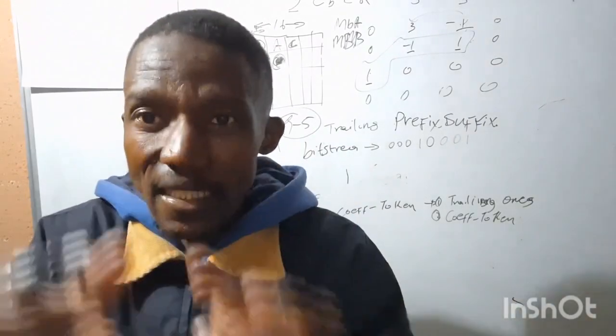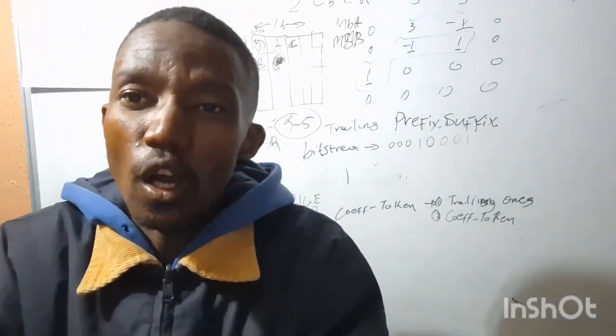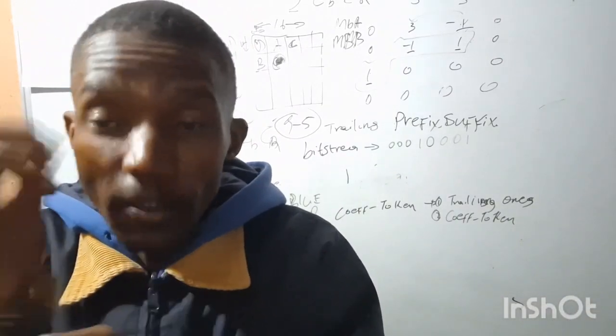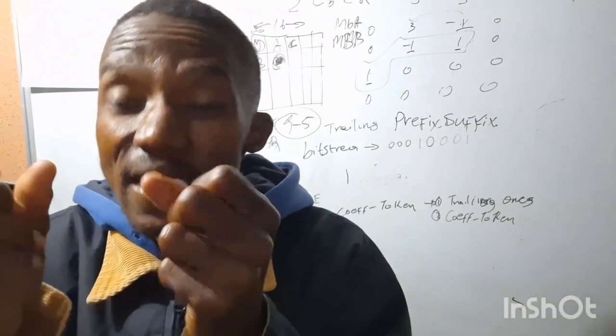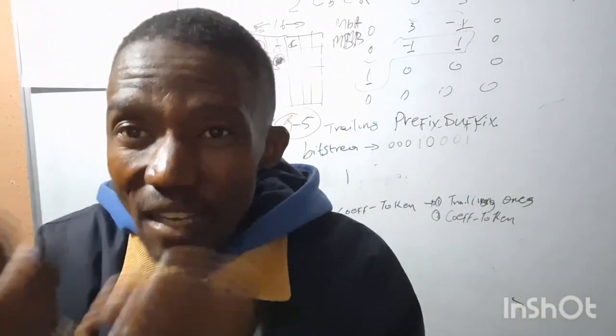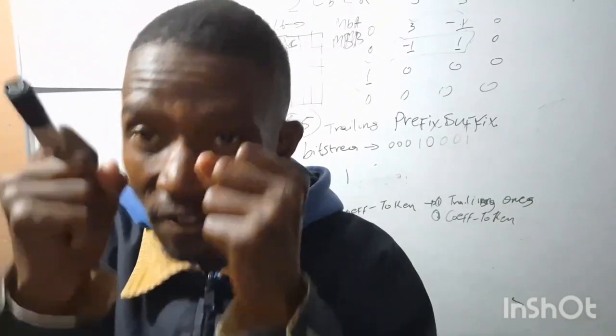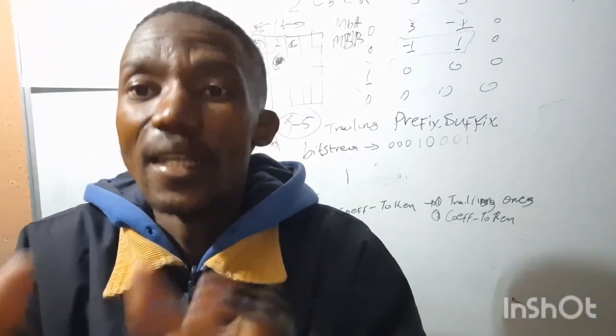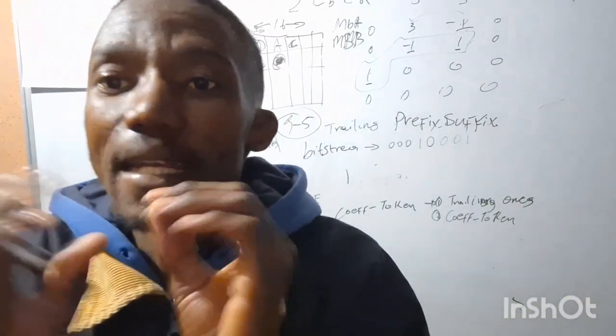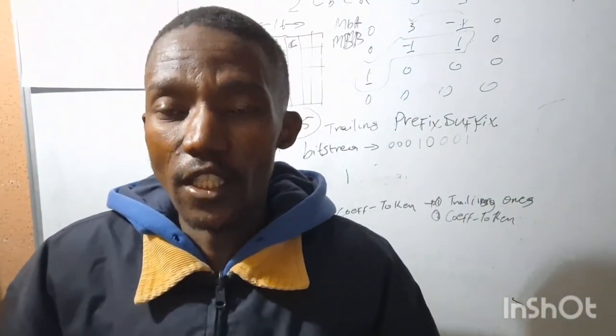The other part of the bit stream is the suffix part, and the least significant bit of the suffix part defines the sign of the level that you are encoding.